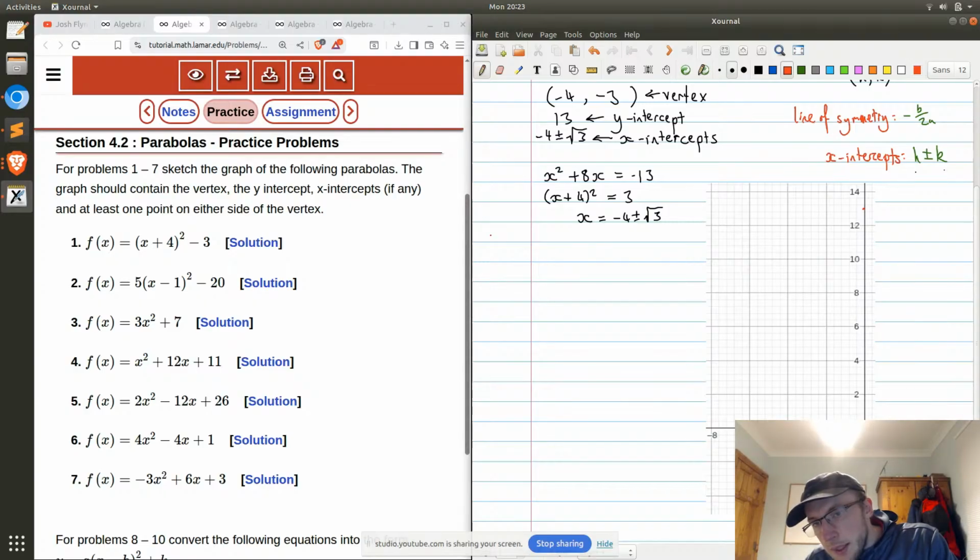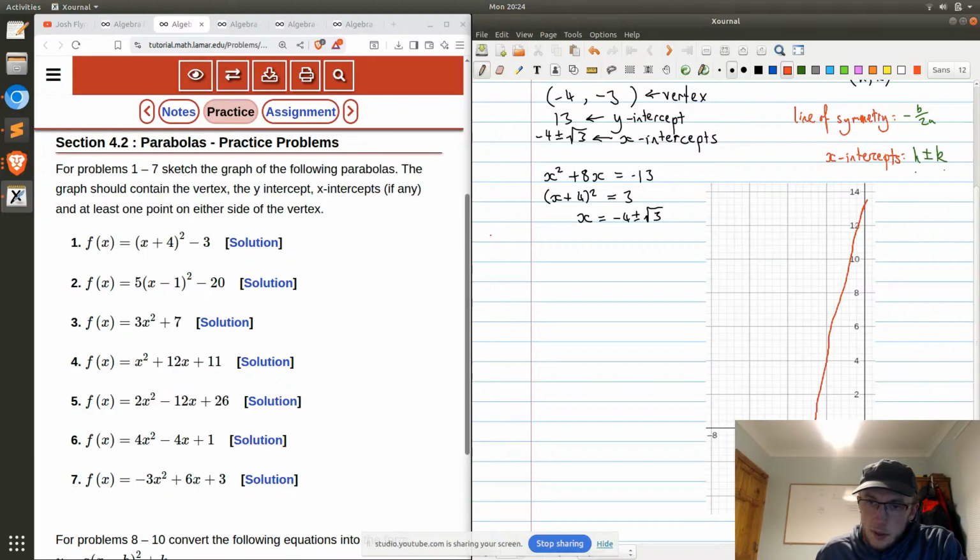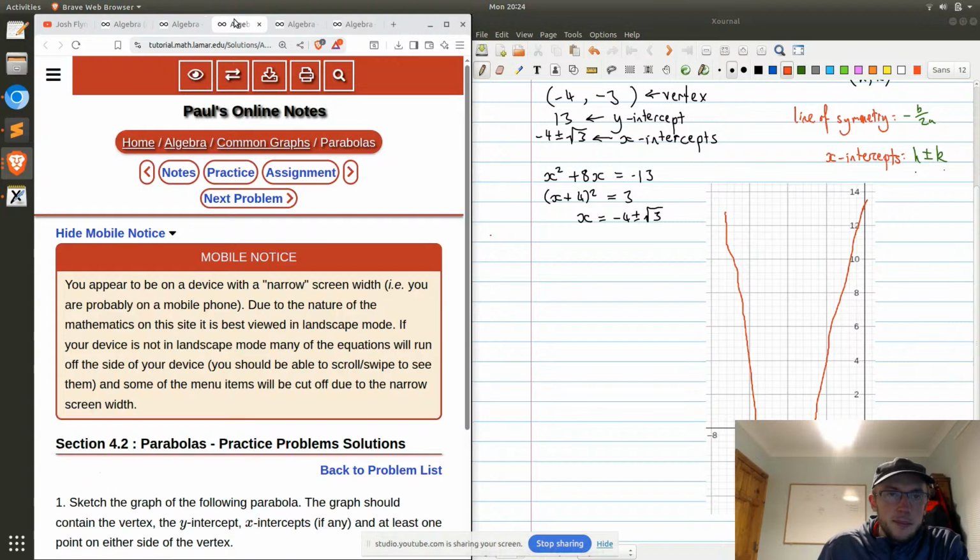So it looks to be something like there-ish and something like there-ish. And this is very rough, this sketch. Well, you try your best.